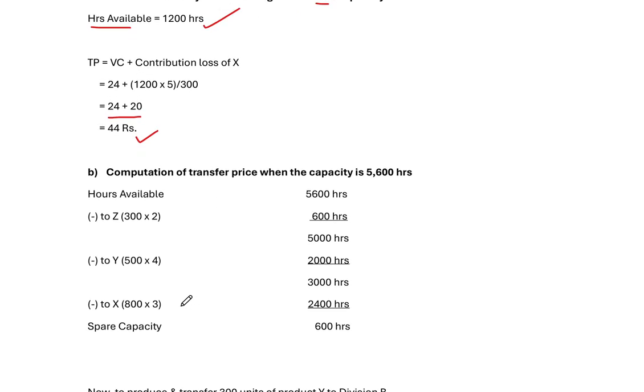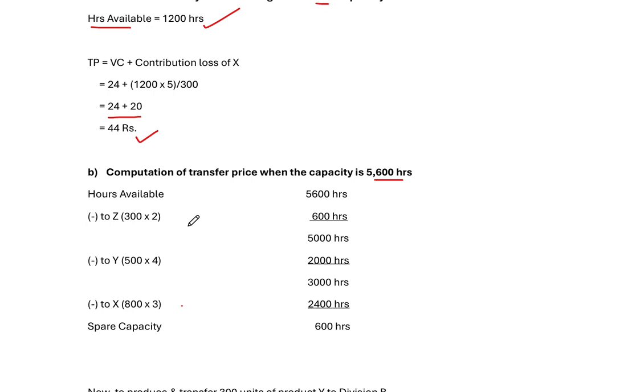Now coming to case 2. Here the available hours are 5600 hours. Before calculating the transfer price, we first need to check how many hours are required to meet the demand.